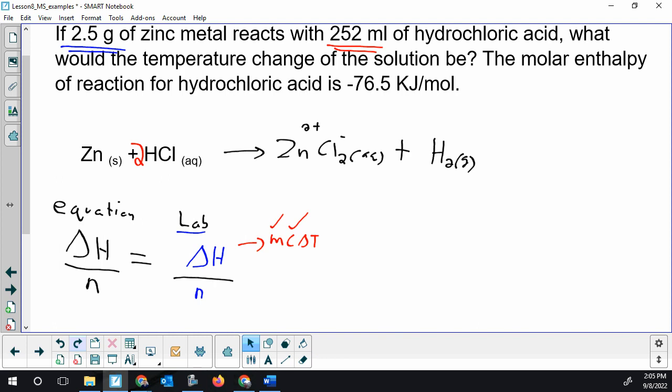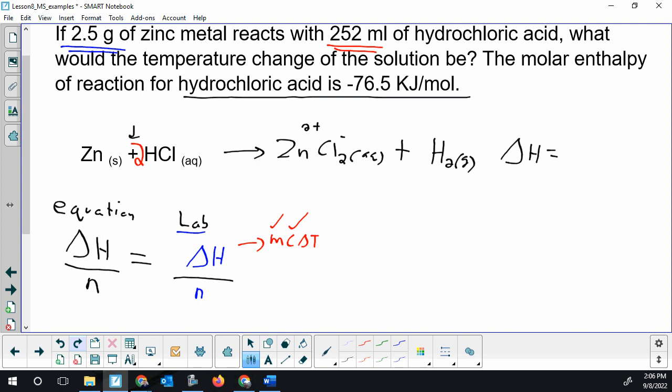We need the enthalpy change for this equation. That's why we're given this molar piece. If we weren't given it, we'd have to try to predict it using our data table. But we know the molar enthalpy of reaction for hydrochloric acid is this release of 76.5 kilojoules for every mole. Now, how many units of hydrochloric acid do we have in our equation? We've got a red 2. We've got 2 moles of this. The first mole is going to release 76.5.